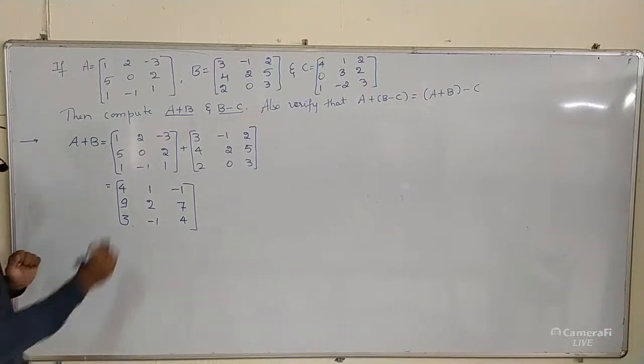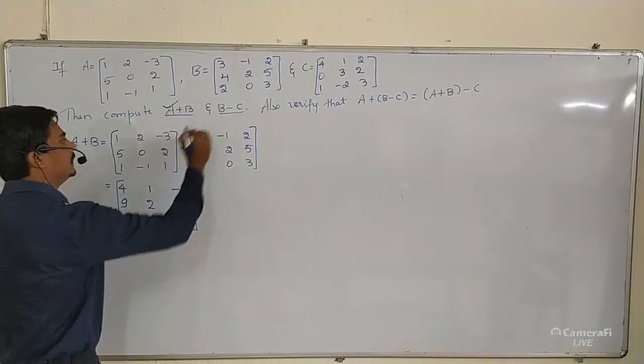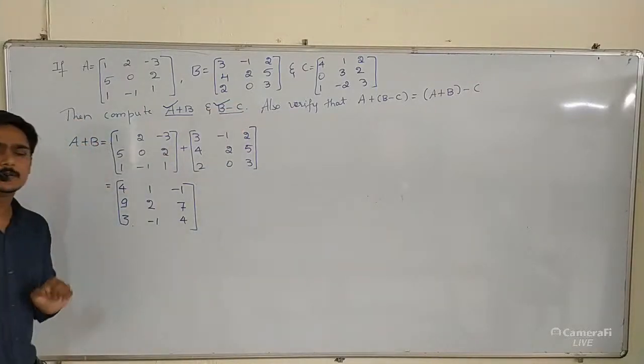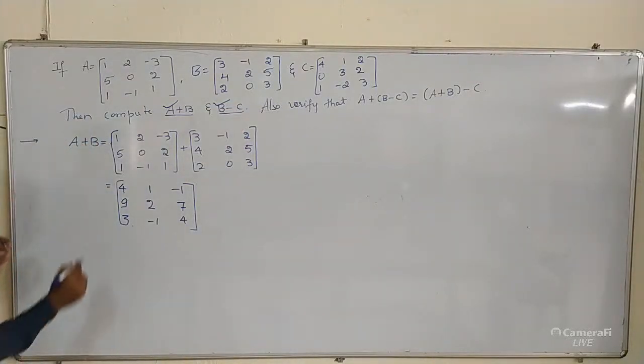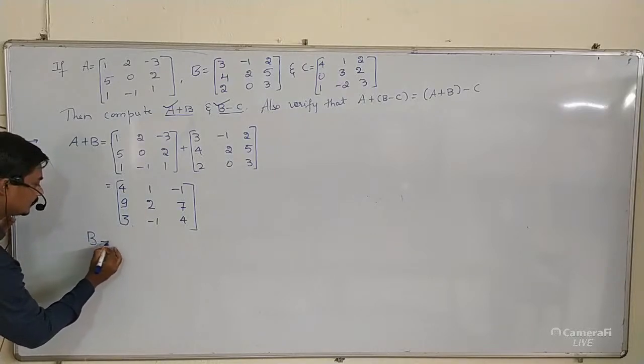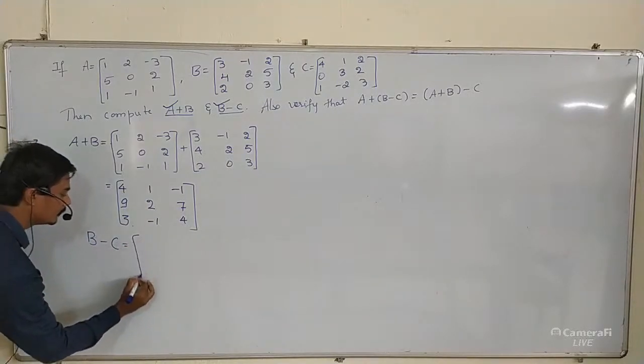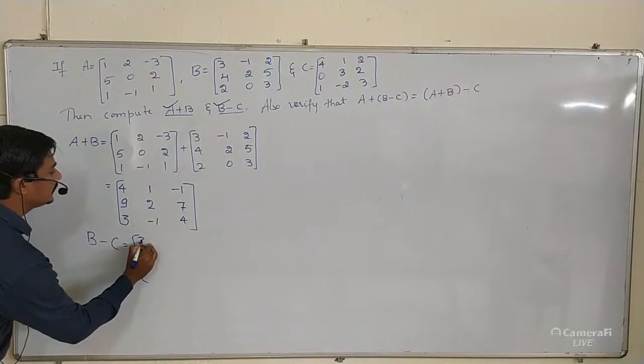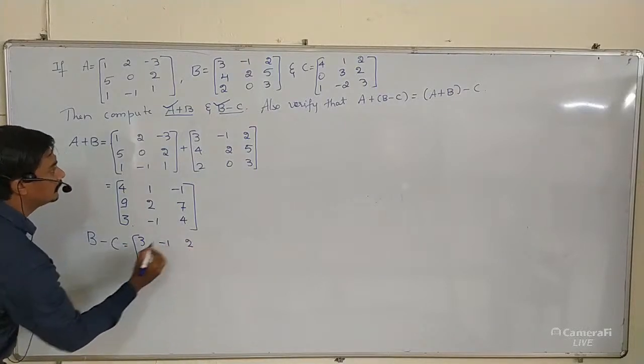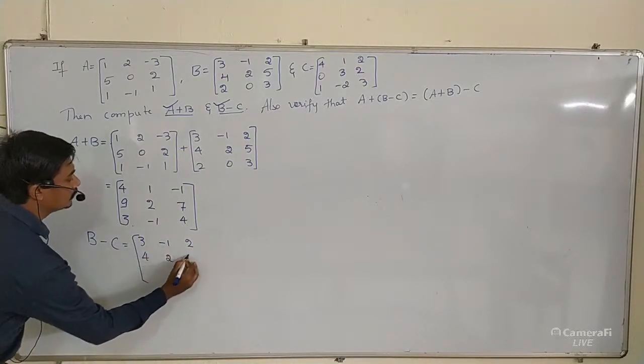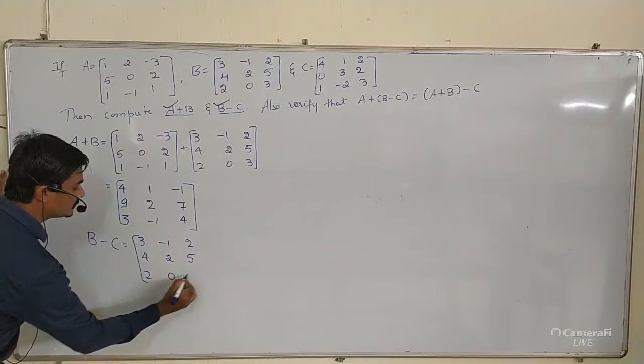So we have computed the A plus B matrix. Now we need to compute what? Matrix B minus C. So write down the B matrix, 3 minus 1 2 4 2 5 2 0 3.